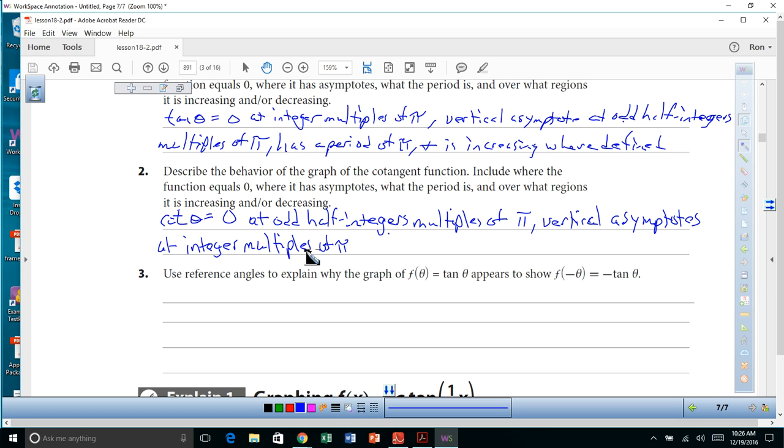And it has a period of pi as well. And it is decreasing where defined.